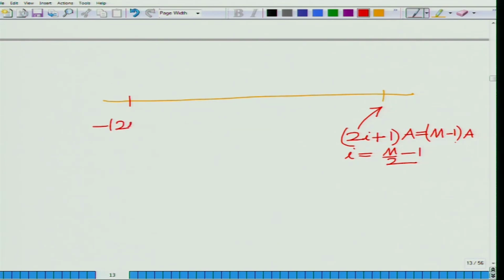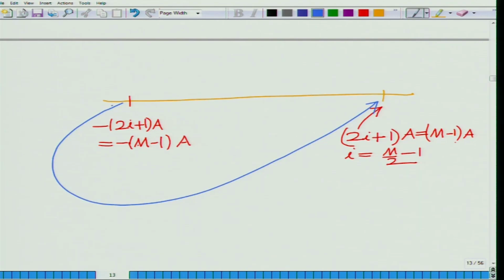Similarly, this is minus 2i plus 1 a, which for i equal to m by 2 minus 1 is minus m minus 1 a. These are the two points which we are calling the end points. One of them is m minus 1 a, the other is minus m minus 1 a.